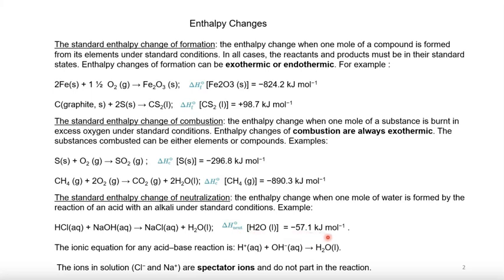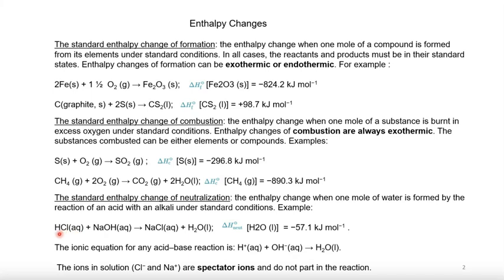That standard enthalpy change of neutralization is minus 57.1 kilojoules per mole. One thing we have to remember is that when we dissolve hydrochloric acid in aqueous solution and sodium hydroxide in aqueous solution, we will see that the reaction is going on with acid and alkali. This is the symbol of acid and this is the symbol of alkali. And therefore, we are getting water. But the sodium ion and chloride ion are not taking part in the reaction.